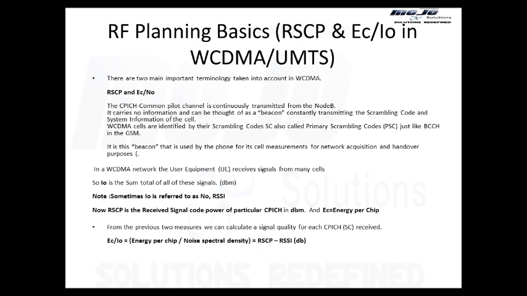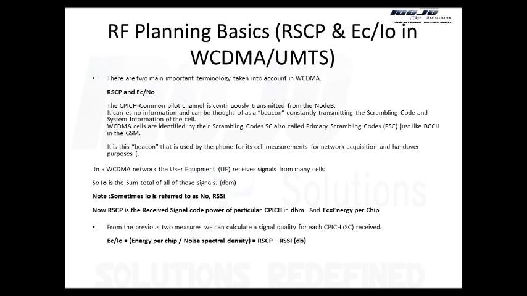So we should understand this coverage and quality are related to the performance of the network, or the KPIs. KPIs are key performance indicators. Note it down. Key performance indicator, KPIs of the network. So these are all interrelated.